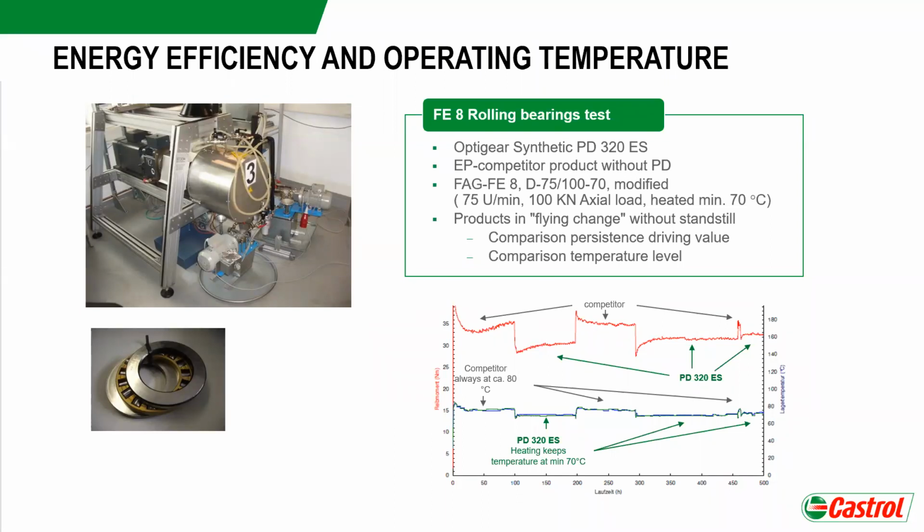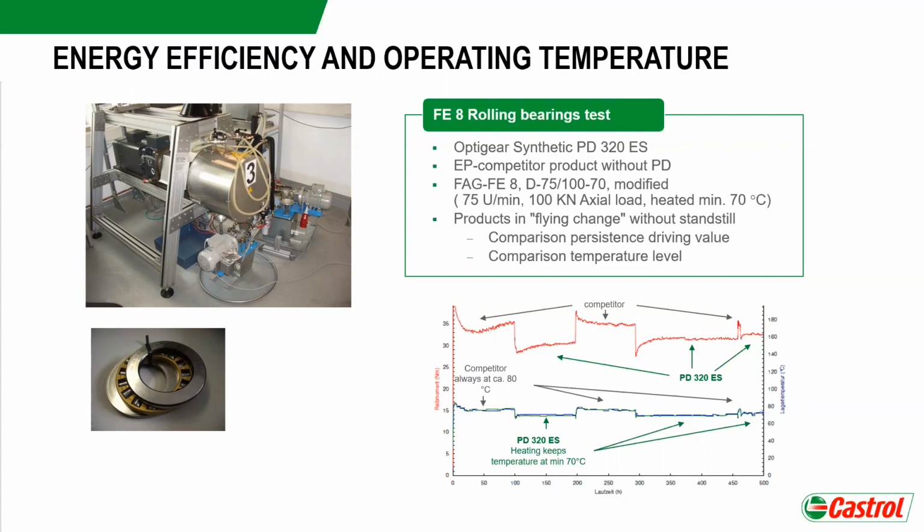What we wanted to test is how they behave if we change them during the test. So we just swipe a lever, and then the oil flows into the bearings from the other oil sump. And as you can see, whenever we switch from the competitor one to the PD product, the torque greatly gets reduced.